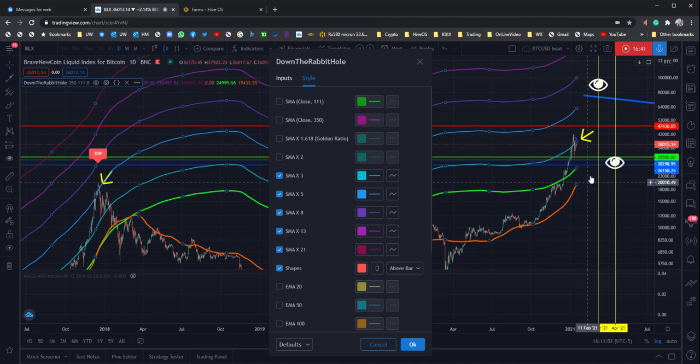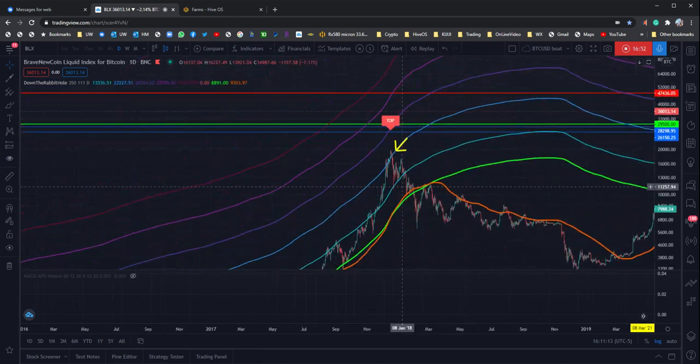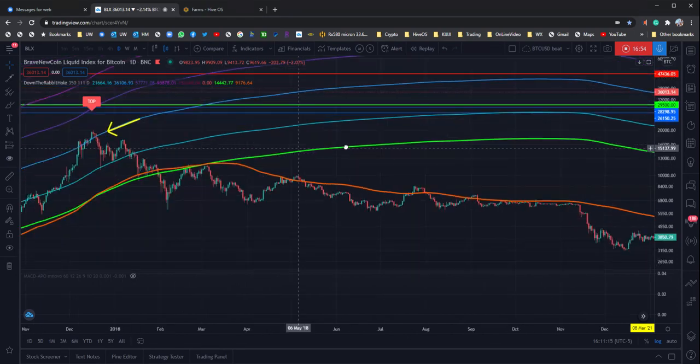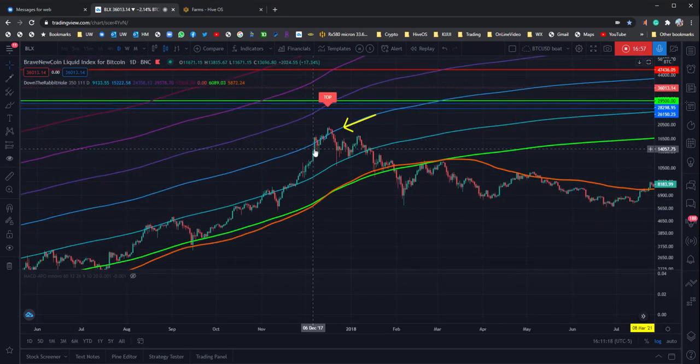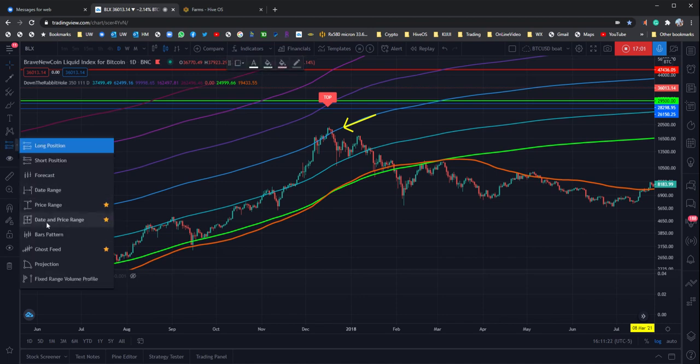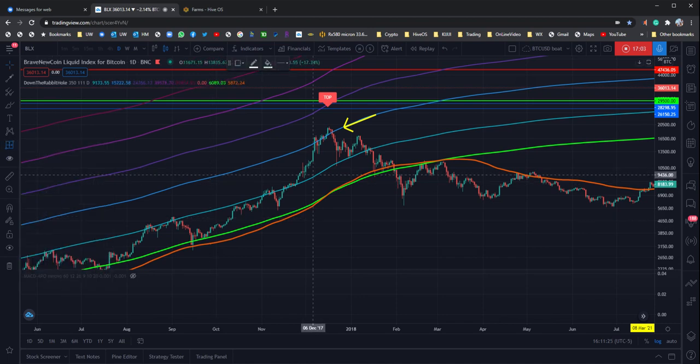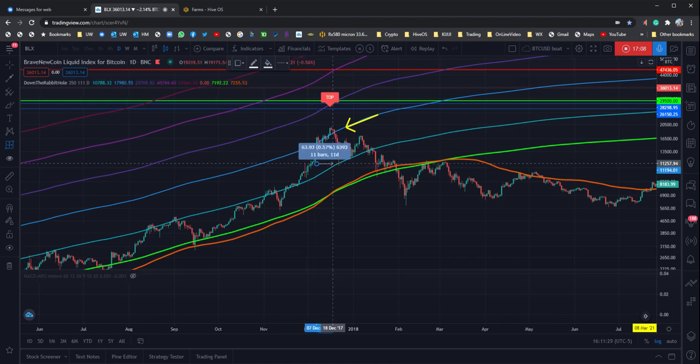I think what we're doing is we're playing with these 3 lines here to indicate. Right now we're flashing a warning because we're sitting right on it. We sat on it before. Let's see how long we stayed on that line. So we were just under it here. We crossed here and we stayed on it for 12 days, 12 bars.